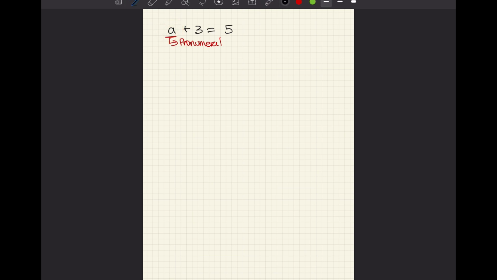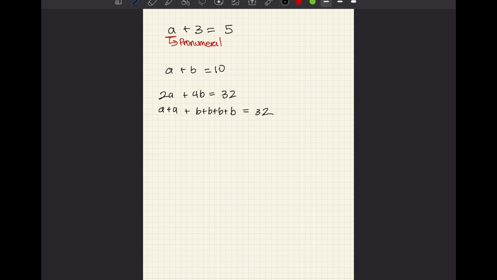So an example of that might be a plus b equals 10 and 2a plus 4b equals 32. So 2a is telling us that we have a plus a there, while 4b is telling us b plus b plus b plus b equals 32.